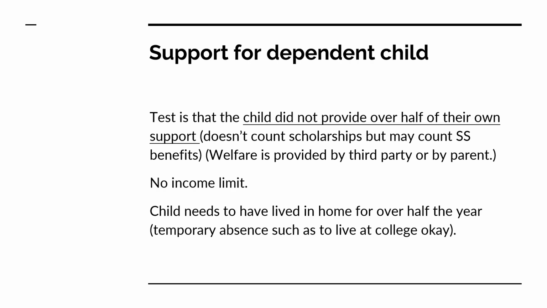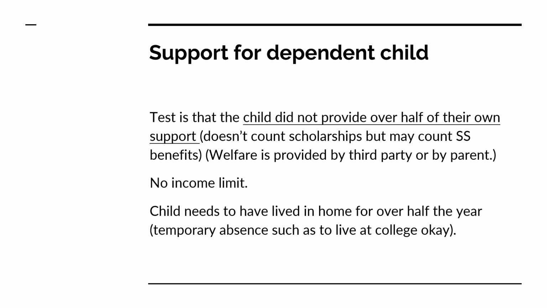So this includes even if, say, a child actor makes $50,000, and as long as that's put into an account, say, for college expenses later, that does not count as them providing their own support. Scholarships are also not counted as a child providing their own support.